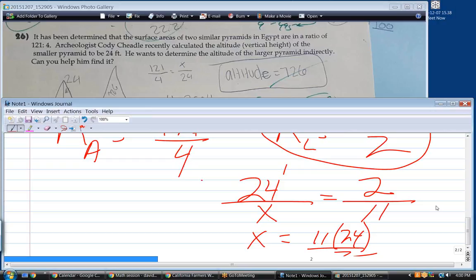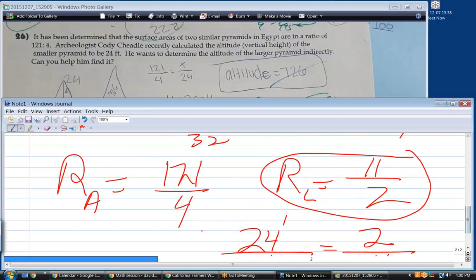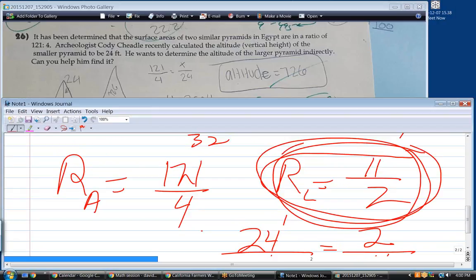It's very important to know here that the linear ratio is the square root of the area ratio. So it's 11 to 2. That's the ratio we should be dealing with. In other words, the big pyramid is 11 halves bigger in vertical height than the smaller pyramid because of this ratio.